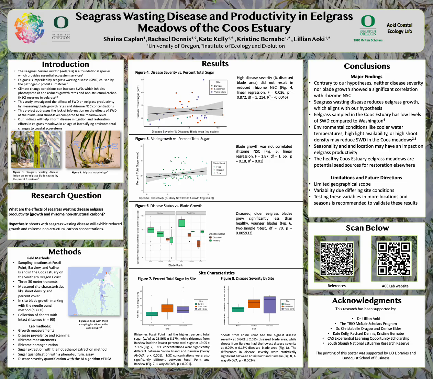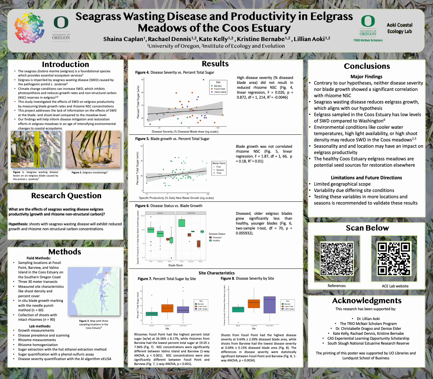Moving on to the results, we can see in Figure 4 that disease severity showed no relationship with rhizome sugar concentrations, which we expressed as a percentage of total sugar content in the rhizome sample, in weight of sugar to dry weight of rhizome sample. On the x-axis here, disease severity is on a logarithmic scale.